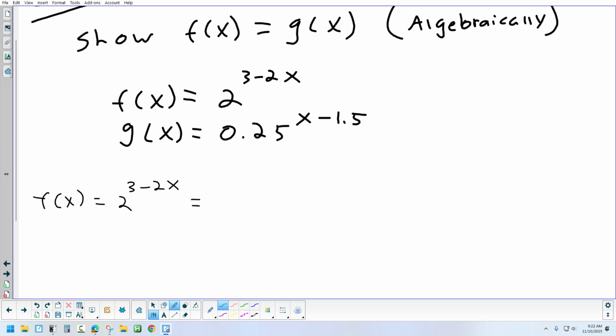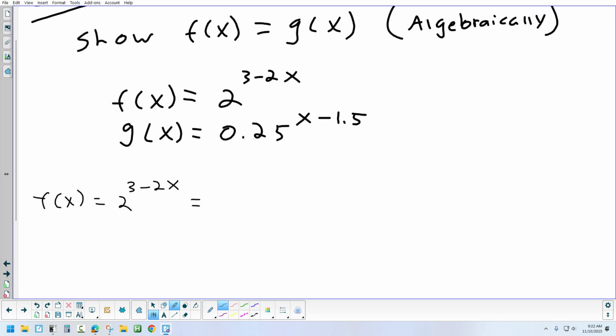Anybody see something we could start to do there to at least make f of x look a little bit more similar to g of x? Yeah, let's at least fix the order in the exponent so that everything is in the right order.